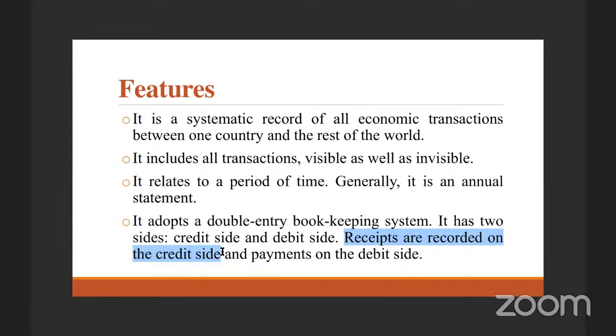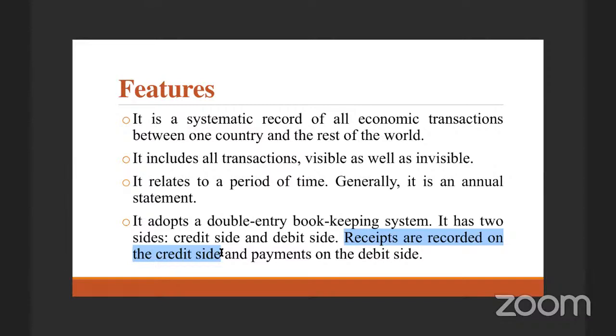And lastly, nominal account: debit all expenses and losses, credit all incomes and gains. Come again, debit all expenses and losses, credit all incomes and gains. This is for nominal account. And profit and loss account is one of the examples of a nominal account, right?